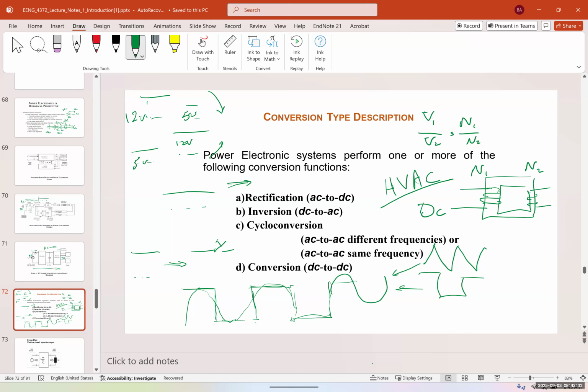This was actually an FE question as well. So what if I give 12 volts to a transformer where the primary winding is 100 and the secondary winding is 10? What would V2 be?